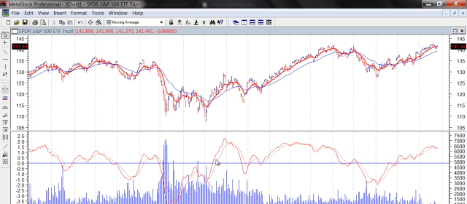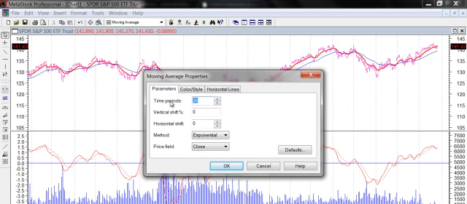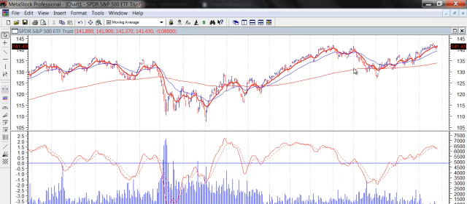If you're above it, you want to be in the market. And if you're below it, you don't want to be in the market. So that's rule one.